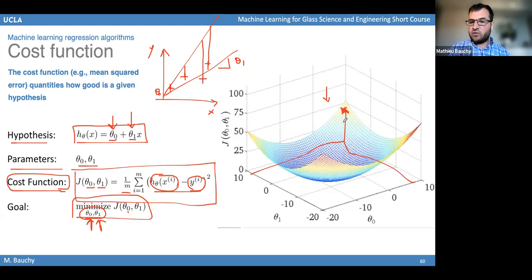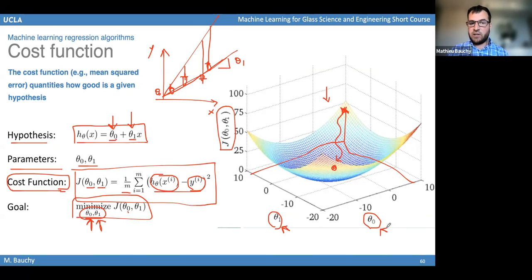And your goal, starting from that, is to gradually change the value of theta naught and theta 1 until you can find your minimum of cost function, until you can find how to minimize the difference between the model and the actual data points. And once you have found the minimal difference between your model and the data points, then that's how you know that you have found the optimal value for your parameters here. So that's the process of learning.